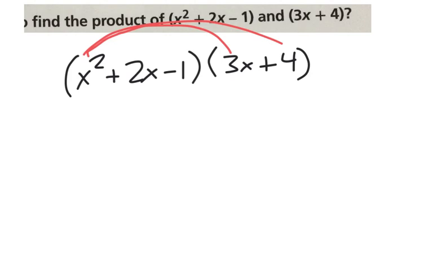X squared times 3x is 3x cubed. X squared times 4 is 4x squared.